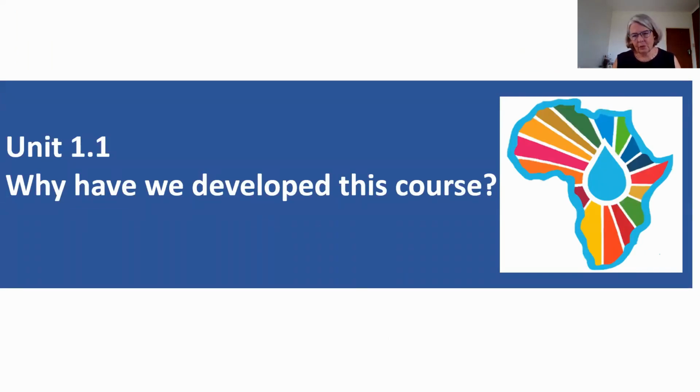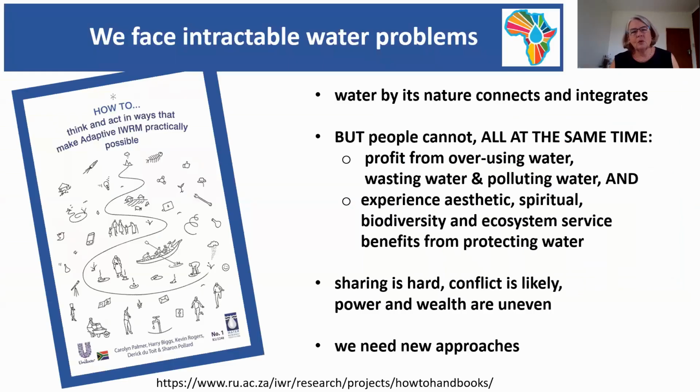So in Unit 1.1, which is quite short, I just asked the question, why have we developed this course? And the thing is that across the world, and perhaps particularly in Africa, we face intractable, difficult water problems. Now, intractable problems, or wicked problems as they've been called in the literature, are problems that are caused by the concurrent, the colliding of a number of factors that mean you can't address them by just fixing one thing.